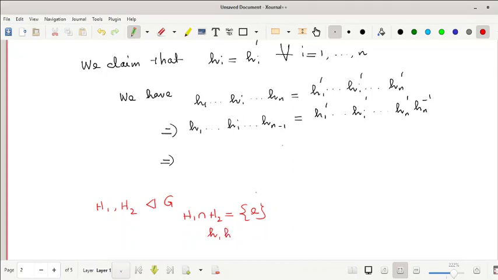That means h1 h2 is same as h2 h1 for every h1 belongs to capital H1 and for every h2 belongs to capital H2. Okay, fine.